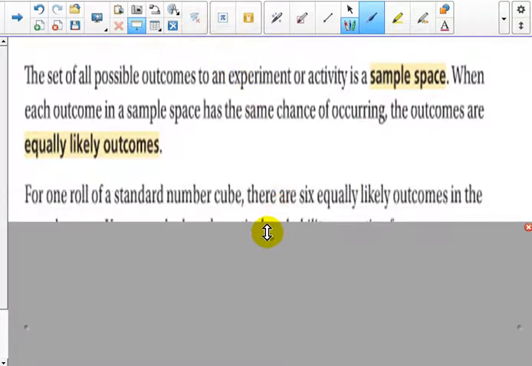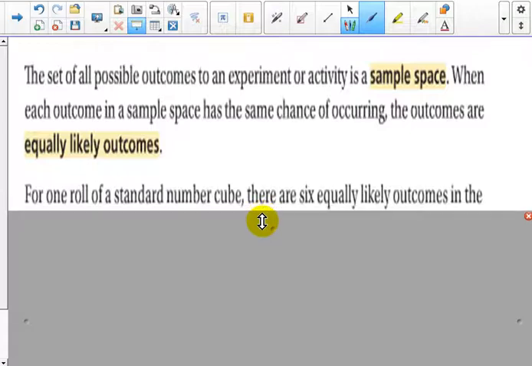All right, let's look at their examples. Now they're going to talk about rolling a standard dice. So here's another example for sample space. Now they're talking about a 3D object. You've got a standard dice. They call it a number cube. They also call it a fair number dice or something later on, but just remember you're rolling like what you play in games.